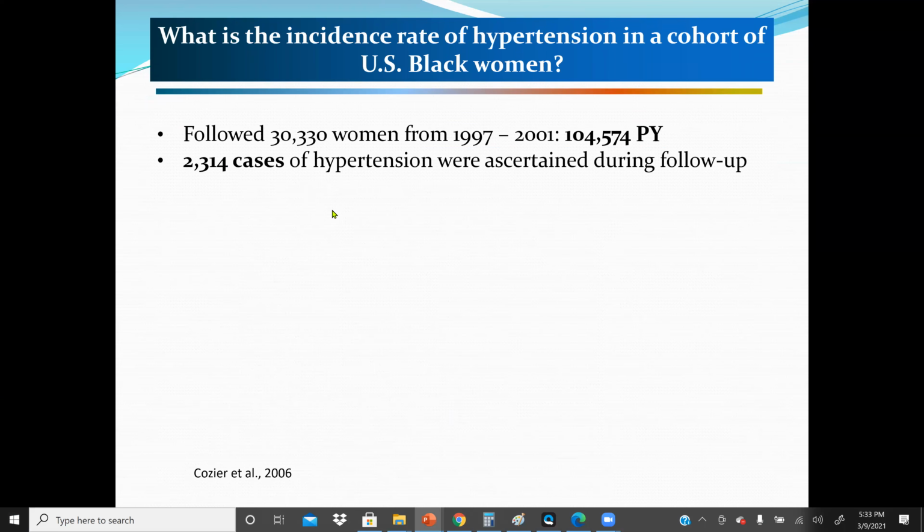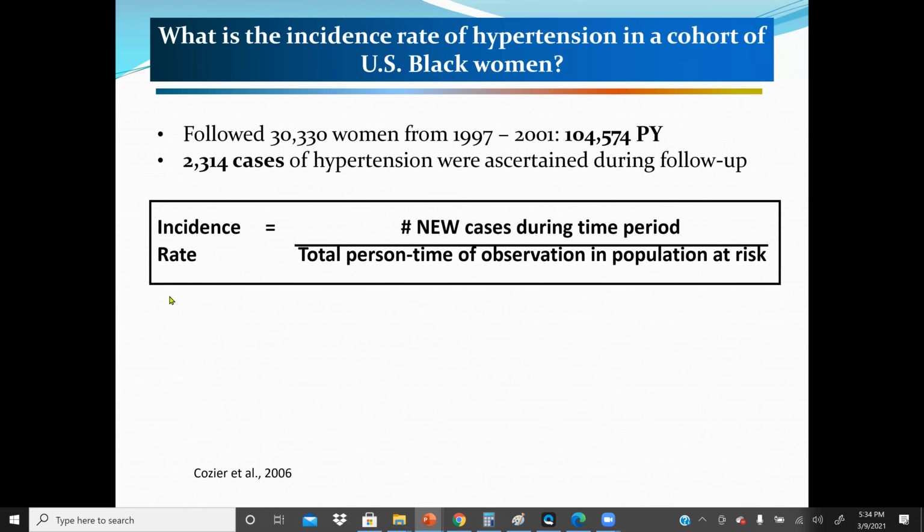So now the next example: what is the incidence rate of hypertension in a cohort of US Black women? Here we have a follow-up of 30,330 women from 1997 to 2001, with 104,475 person-years. 2,314 cases were seen during the follow-up.